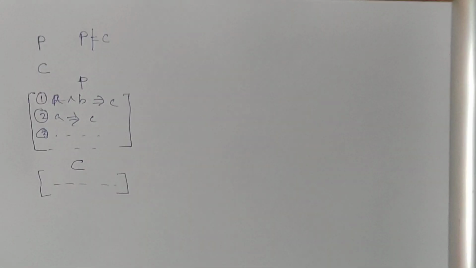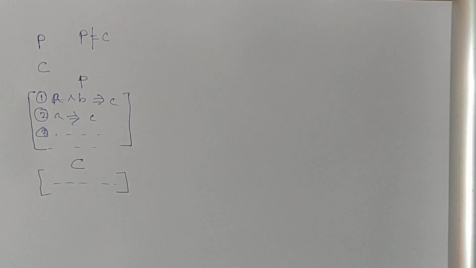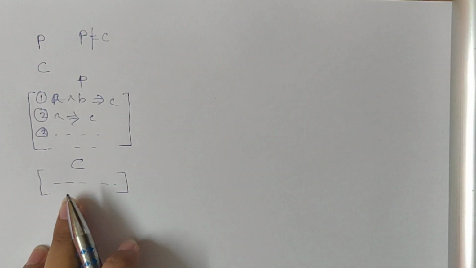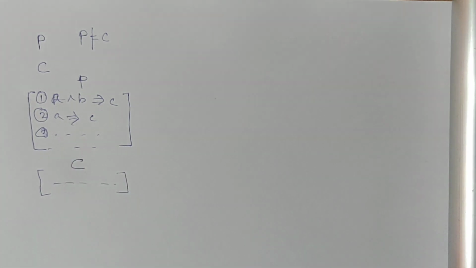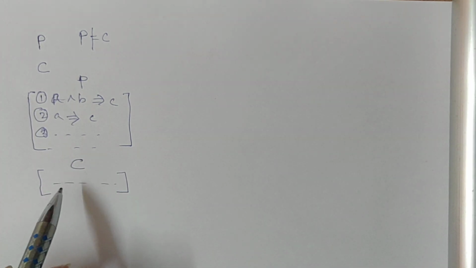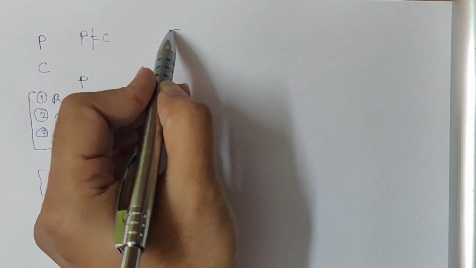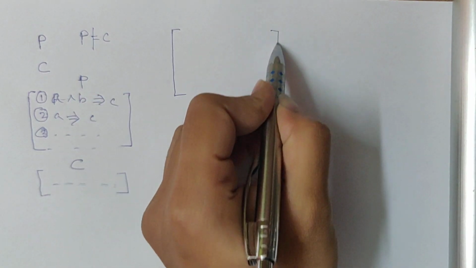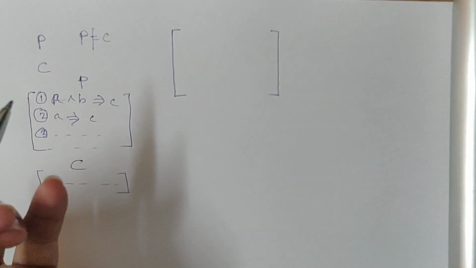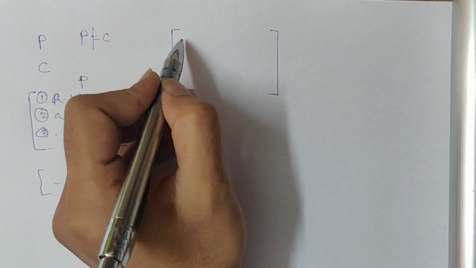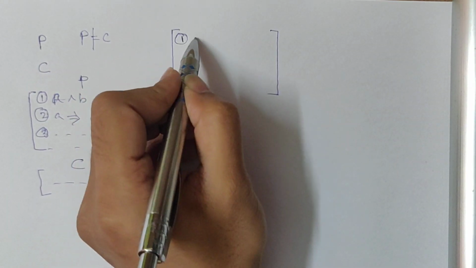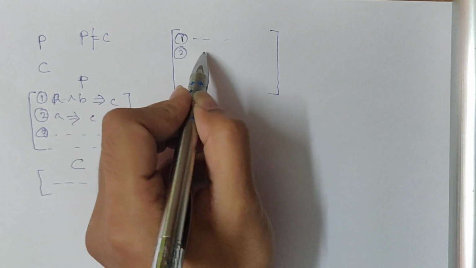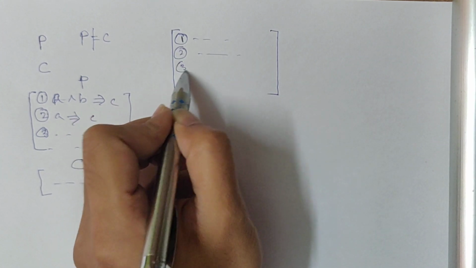Now tell me one thing: if this is the relation, if I negate C, I create a new set of sentences in which all those sentences from P are there.